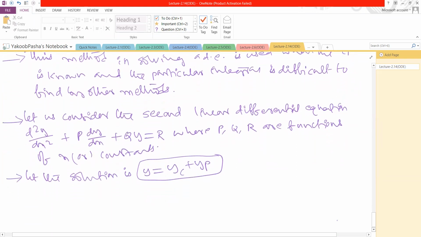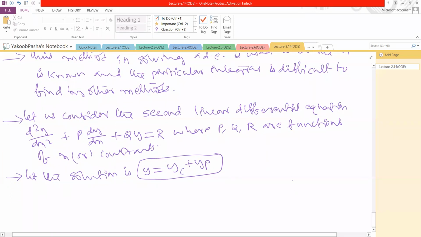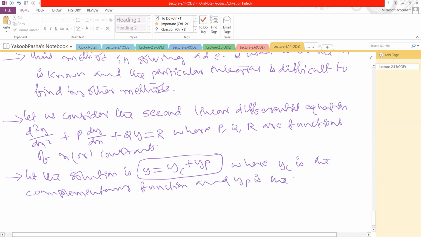Okay. Now, where yc is the complementary function and yp is the particular integral.